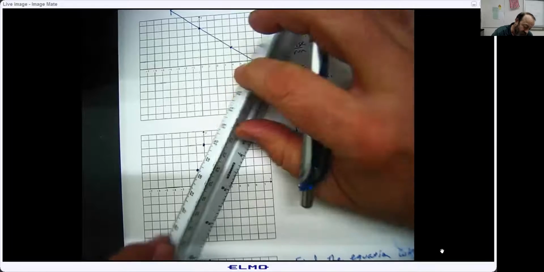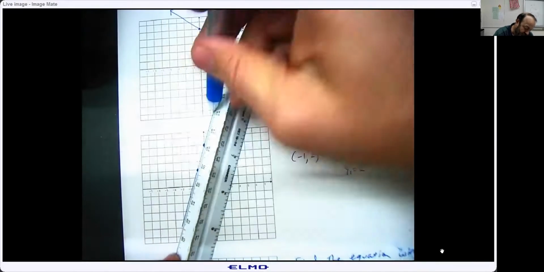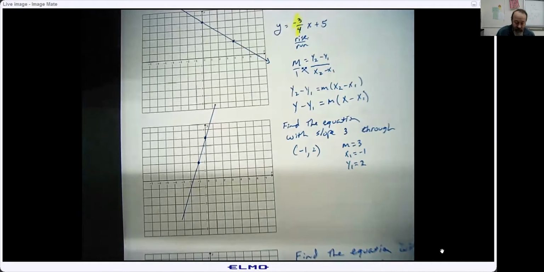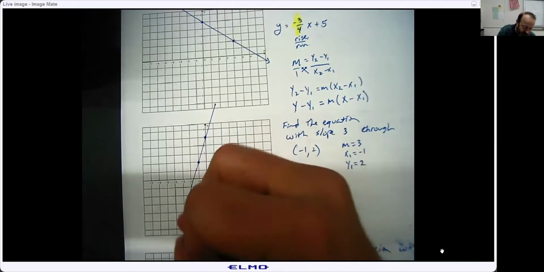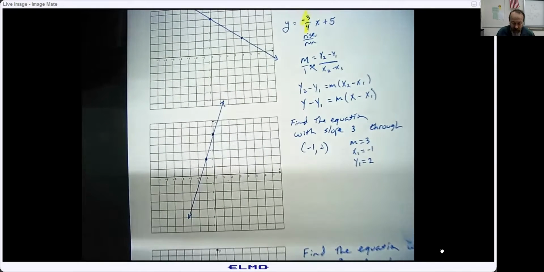Even though I didn't start with my y-intercept, I can come up with a nice line just by knowing a point and a slope. So the point with the slope gave me a nice line because it provided me with 2 points, and I could connect the dots.